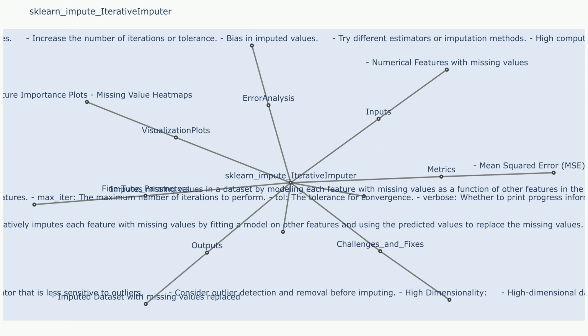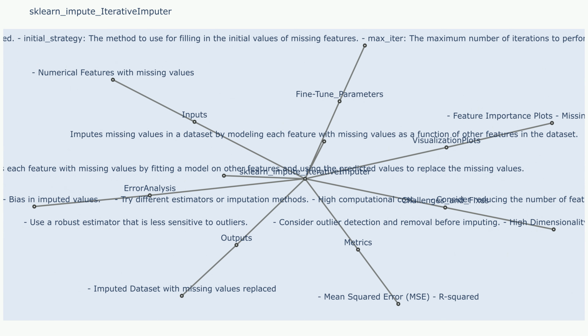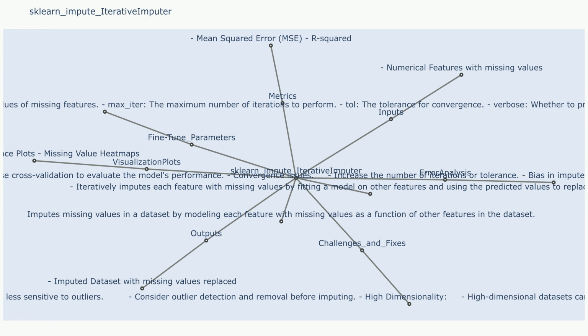Steps. Initialization. The imputer initializes a temporary copy of the input dataset with missing values. Iterative imputation. The imputation process proceeds in a loop, iterating through each feature with missing values. For each feature, the imputer selects all other features without missing values as predictors. The estimator, e.g., decision tree regressor, Bayesian ridge, is fit on the available data.